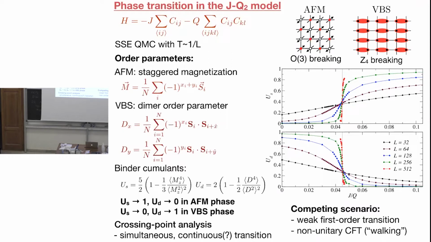These are almost delta functions, and this is a Gaussian. If you have a coexistence, you have basically 3 peaks. I don't know if you can see this. So if you just compute these kinds of Binder cumulants, you will see that it will go through a negative value, and the sharper those structures become, the more negative it will get. This is well known, going back a long time.